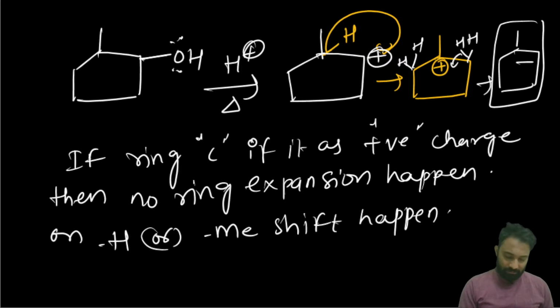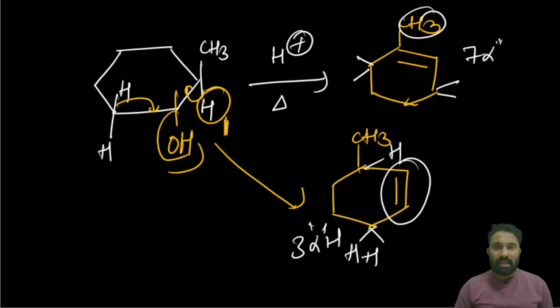Then next, we have seen some reactions. What is the reaction that we have seen whenever the stereochemistry is given? When the OH is eliminated, then the carbocation will be rearranged, or the hydrogen will be rearranged.